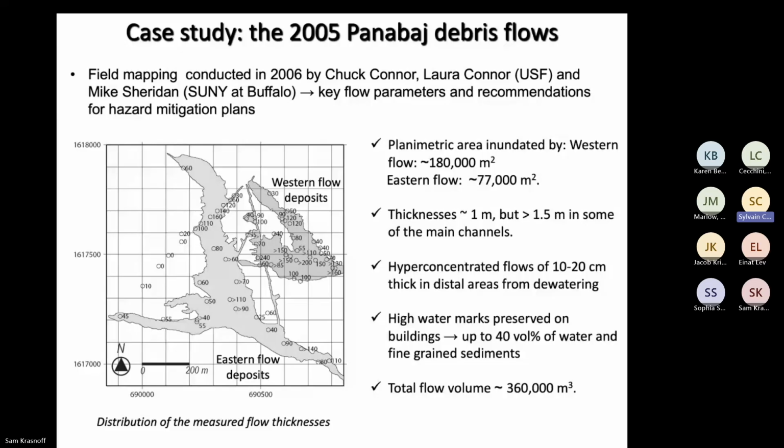They were able to map the deposits from the two channels, the eastern channel and western channel. They were able to estimate volume fraction of water up to 40%, and they were also able to estimate the total volume of this flow and the distribution of thickness as well. Yeah, next.